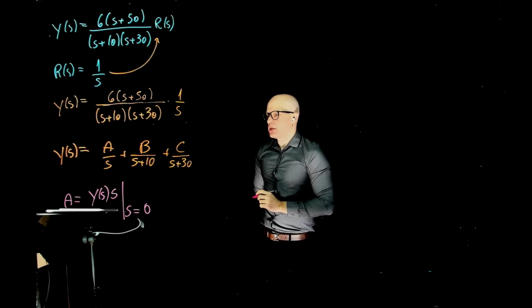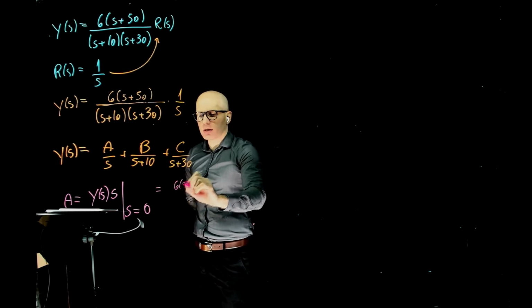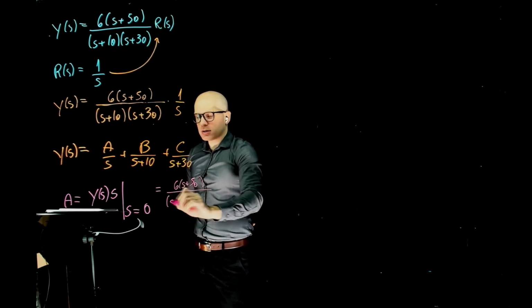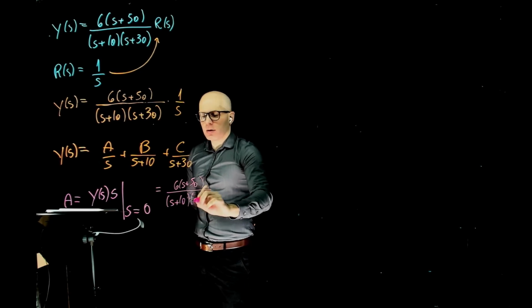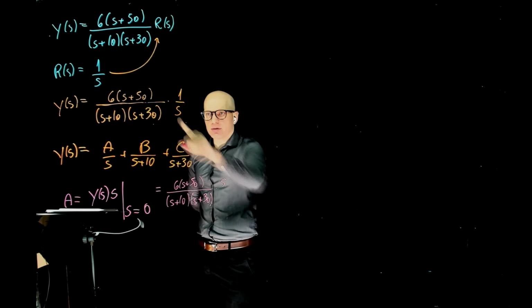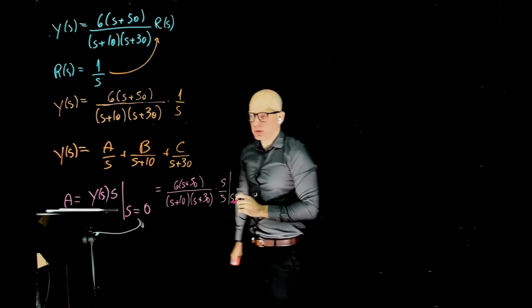Very good. What does it give? All that, s plus 50, s plus 10, s plus 30, times s, divided by that s, when s tends to 0.